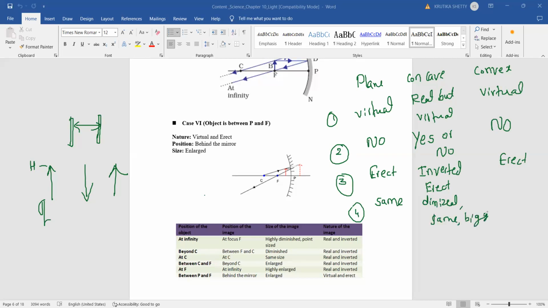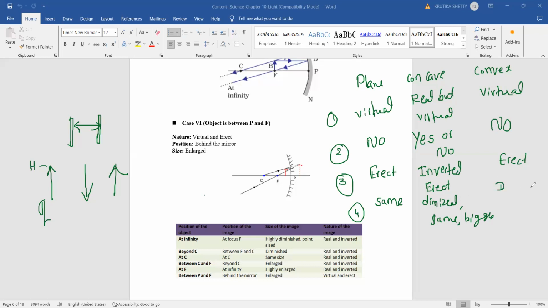That is based on the position. If you are standing very close, it is different. If you are standing very far away, it is different. If you are standing at the center of curvature of the mirror, it is different. Diminished means very small, same size, or it may be bigger. Lastly, for the convex mirror, it is always diminished.